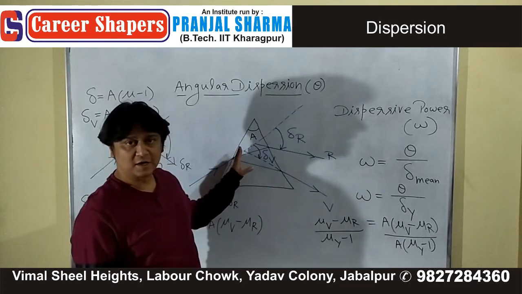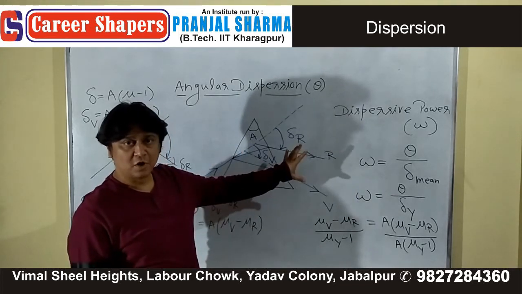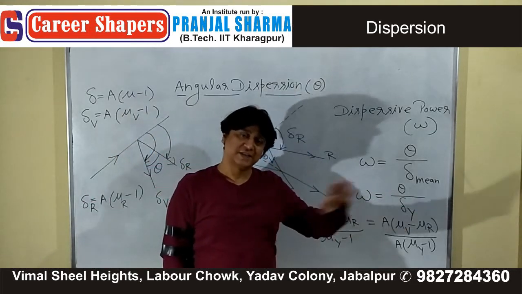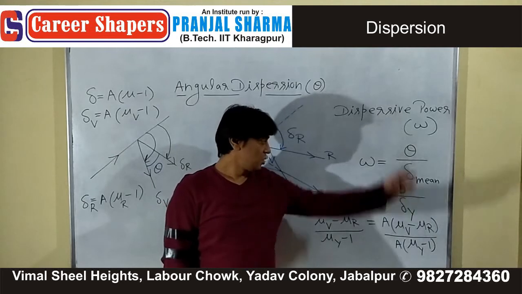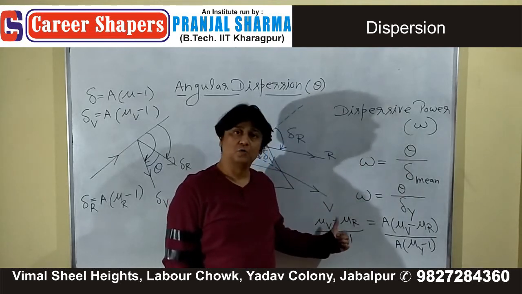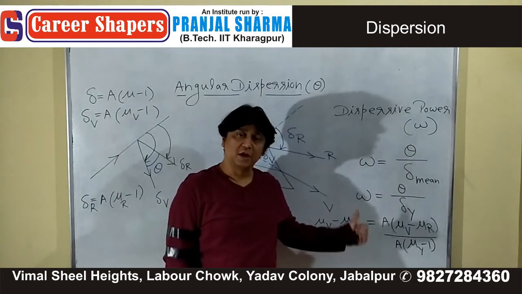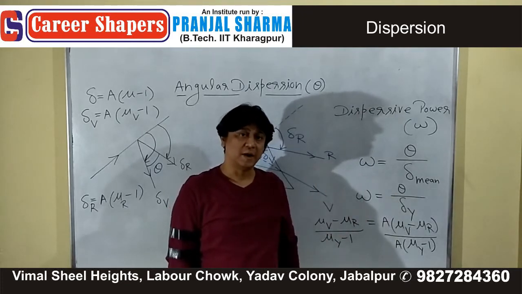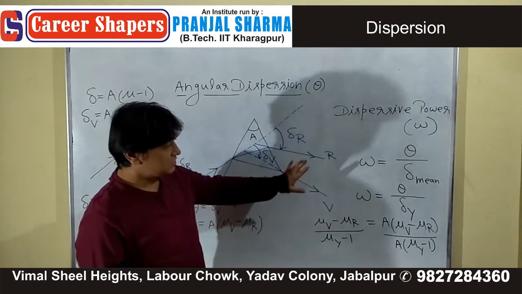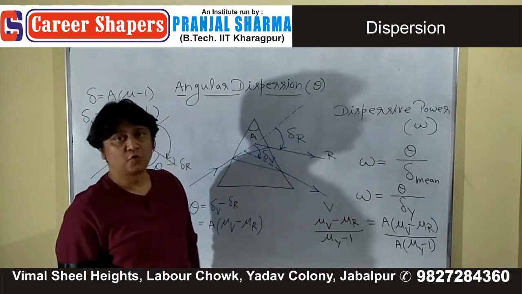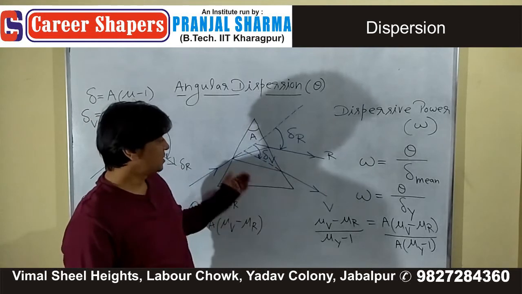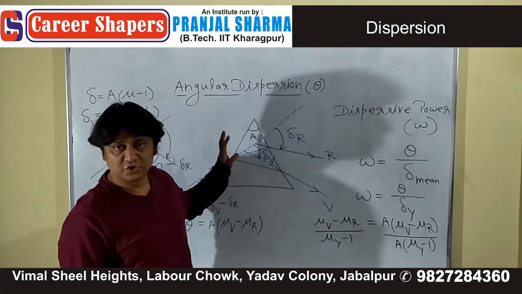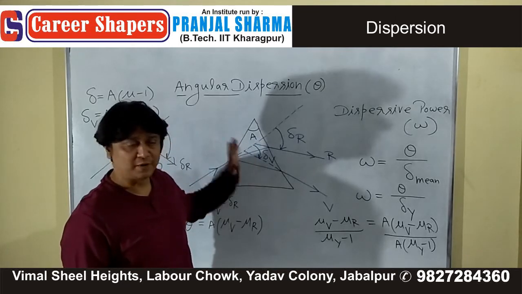For different prisms of glass, the same type of glass, your omega will be the same. If you take angle 30 or 60 or anything, your omega will what? Remain the same. This omega, therefore we say, is the property of the material of the prism. It has nothing to do with shape, that means angle of prism.